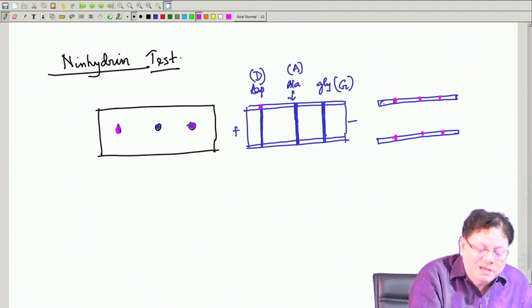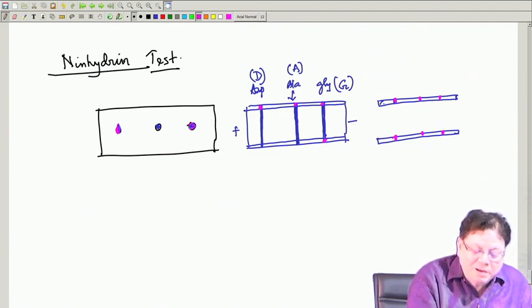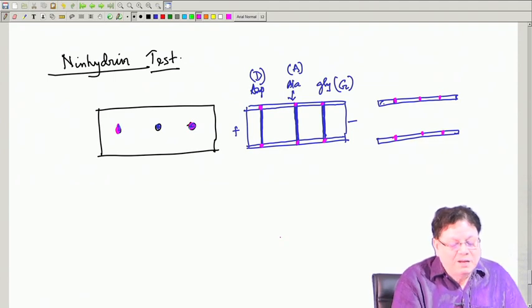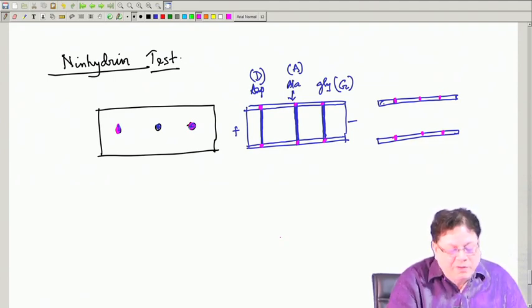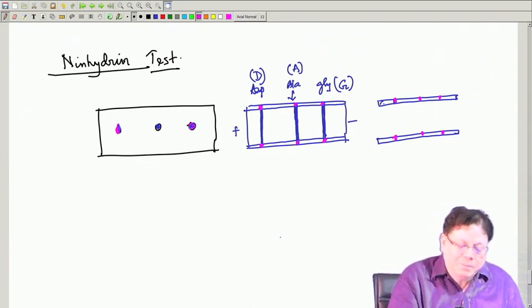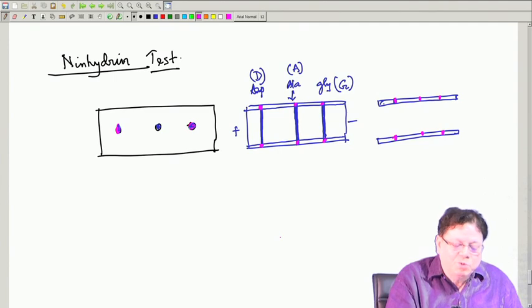So, now I will see a band here, a band there, a band there, and this is a kind of bluish violet color. There is no well defined color, I cannot say that this is pink or this is magenta. But some books say that it is bluish violet or bluish pink type color. So, this is the color.